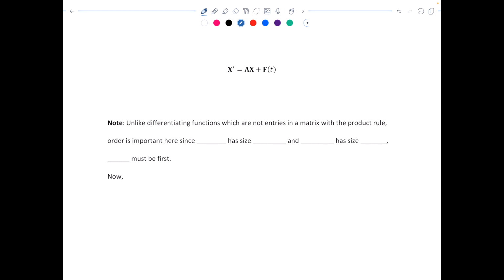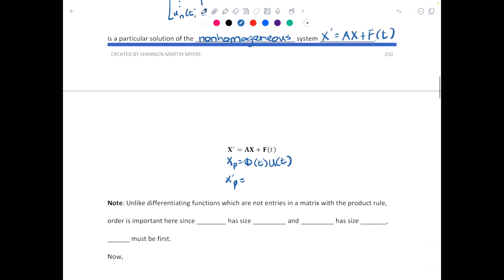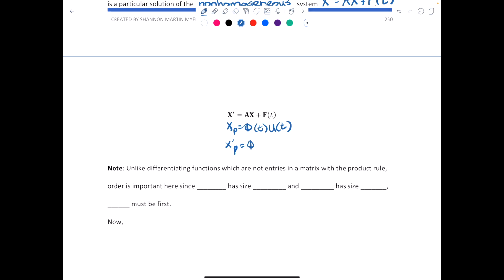We have xp is equal to phi at t times u at t. And we have x prime at P is equal to, using the product rule and making sure, because of the dimensions, that phi at t is always on the left side, we'll keep phi at t the same, and then we'll get u prime at t, and then plus phi prime at t times u at t.